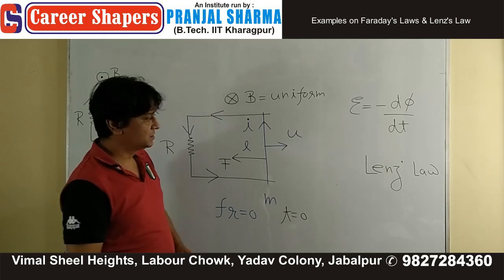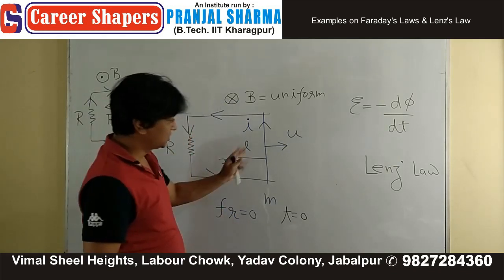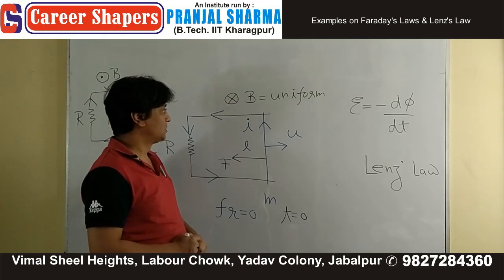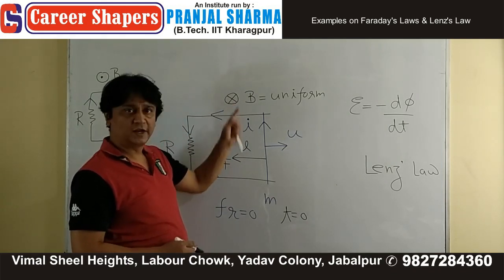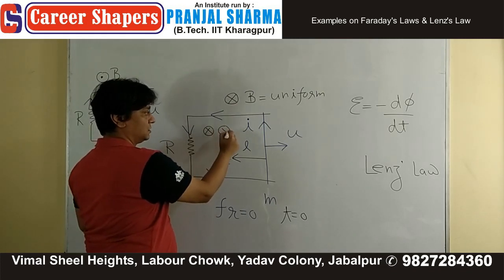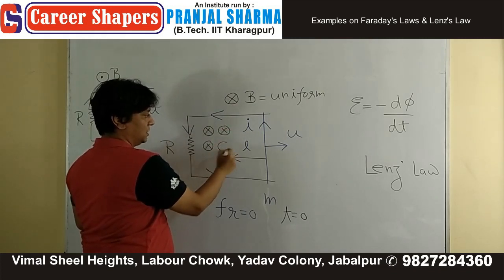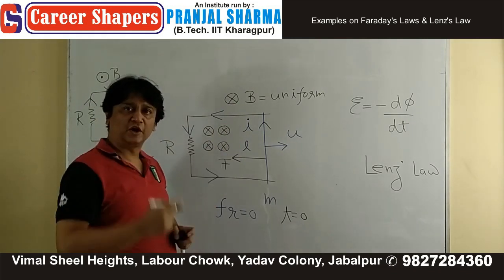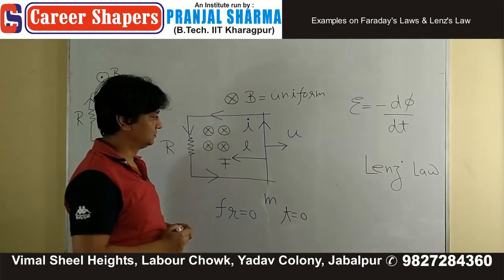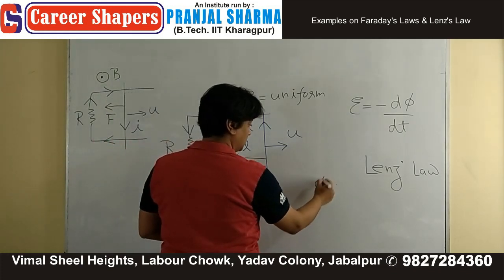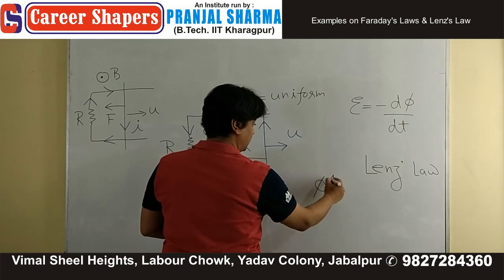The second logic is, as this rod moves in this direction, magnetic field lines which are pointing inwards, this number will continuously increase. So you will say that flux is increasing.